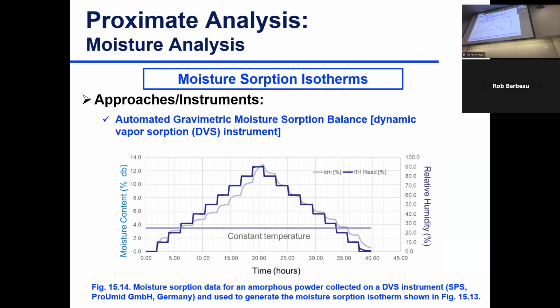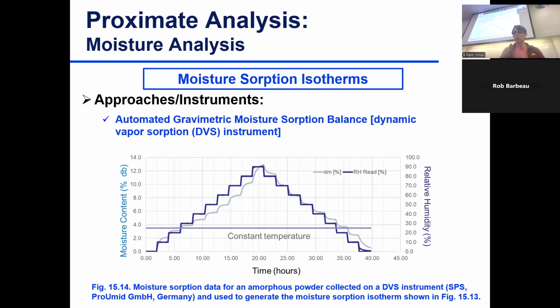There is an instrument, we call it a dynamic instrument, because it measures the water activity and moisture content, and it changes the relative humidity by itself. It will allow equilibrium, and then it will give you the data and plot an isotherm. We don't have this dynamic vapor sorption instrument, at least as far as I know.